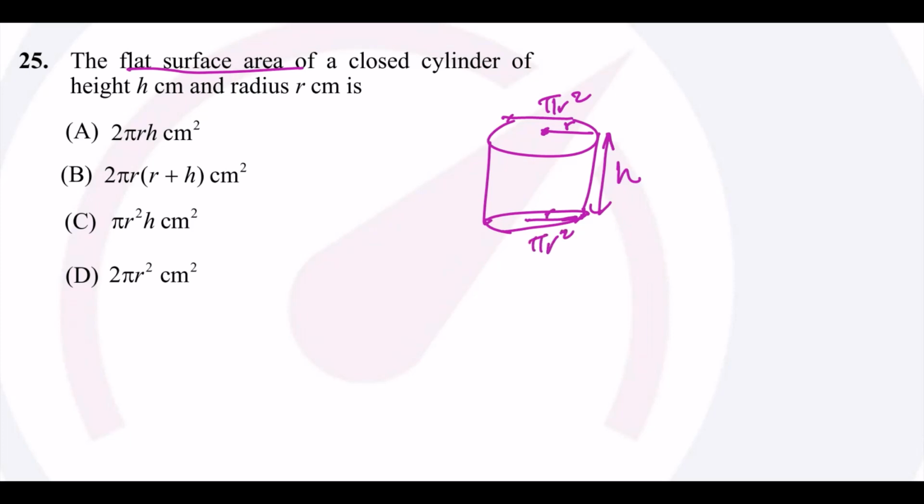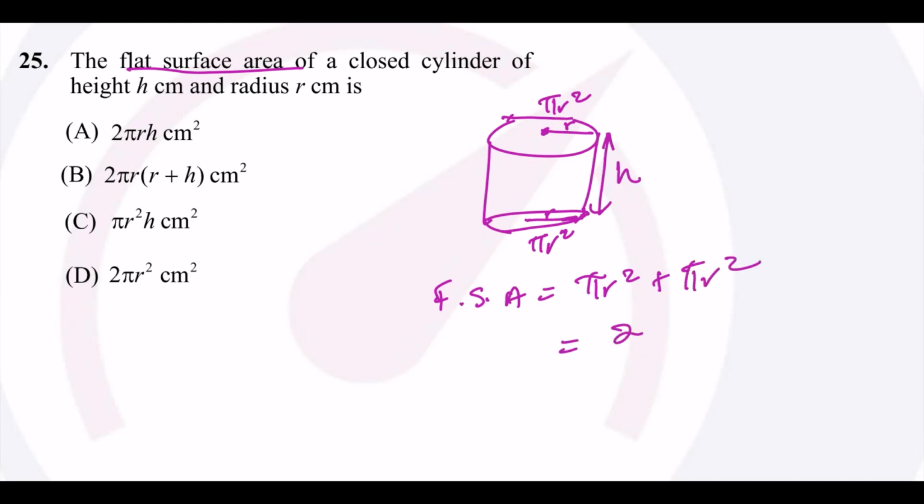Alright, so the flat surface area is pi r squared because it's a circle, so the area of a circle is pi r squared. So hence, we know that the flat surface area of the closed cylinder, we add them. So that's pi r squared plus pi r squared.